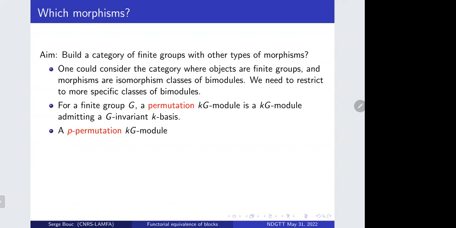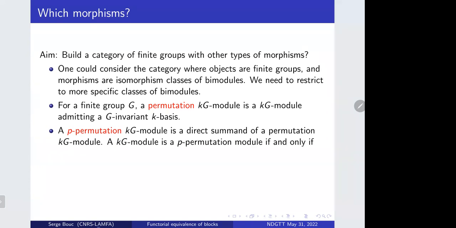So a p-permutation KG module is a direct summand of a permutation KG module. It need not be itself a permutation module, but one can characterize these by saying that a KG module is a p-permutation module if and only if its restriction to a Sylow p-subgroup of G is a permutation module.